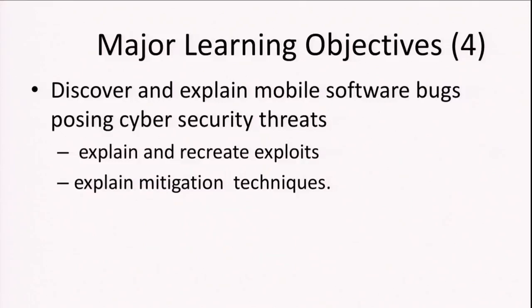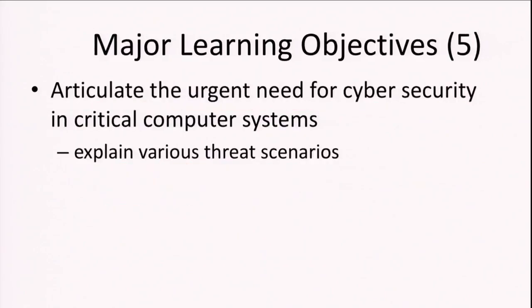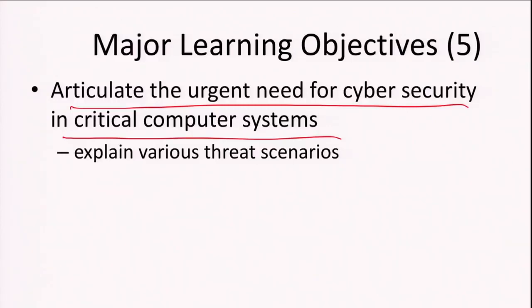Number 4 is to discover and explain mobile software bugs posing cybersecurity threats to mobile applications, and explain and recreate exploits, and explain mitigation techniques. This will be a little bit superficial in this class, because the first 3 components will actually take the majority of the time. Finally, number 5, articulate the urgent need for cybersecurity in critical computer systems.